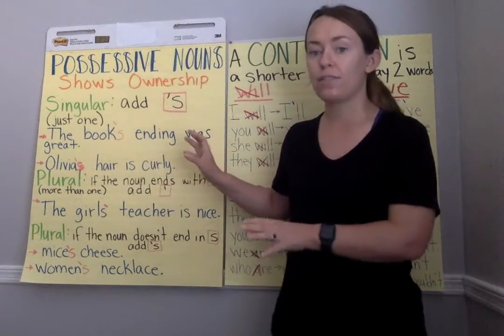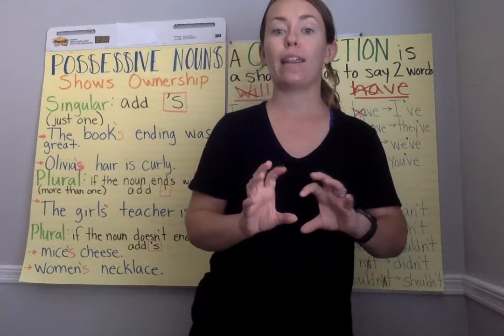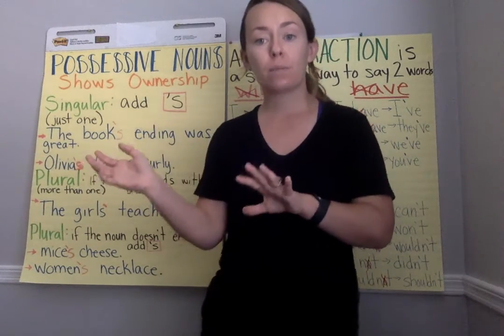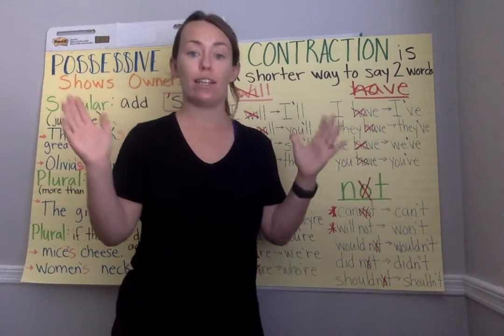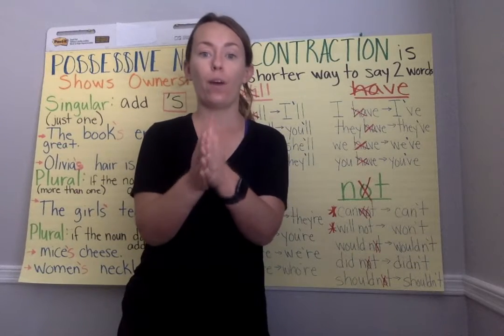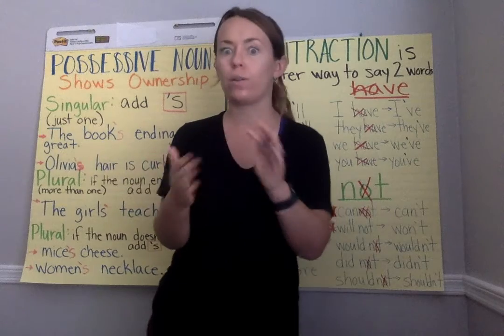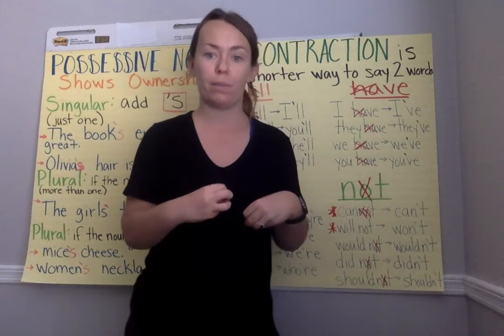So for possessives, you're always going to be looking for that apostrophe S, showing that it's attached to a noun and shows ownership. The difference between a possessive and a contraction is that a contraction takes two words and pushes them together to make one smaller word, okay? So with possessives, it's just going to have that apostrophe or the apostrophe S to show ownership of something.